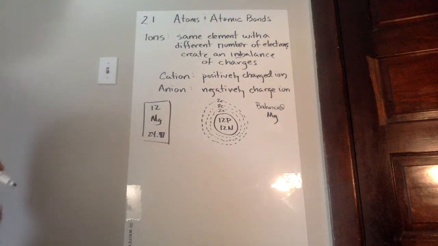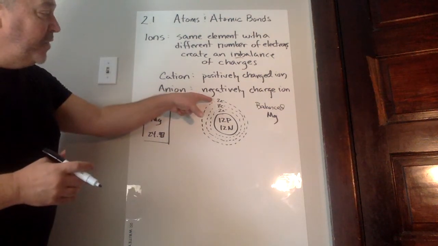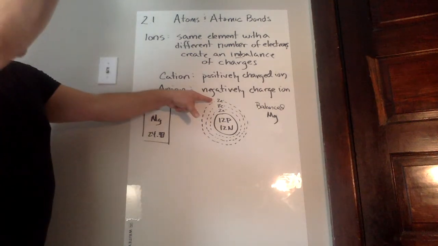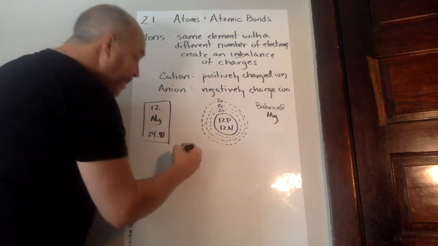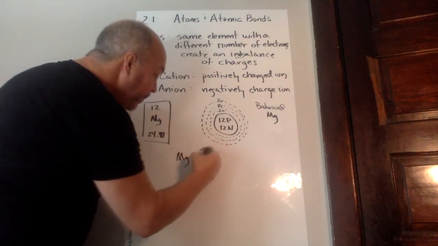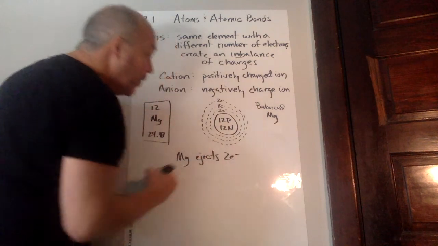So same thing. We want to have full valence shells. So would it be easier to add 6 to this to bring it up to its max, or to get rid of those 2? And that's what happens. Magnesium ejects 2 electrons.